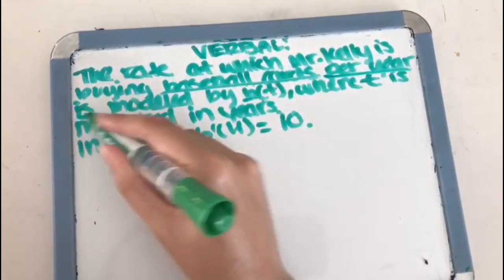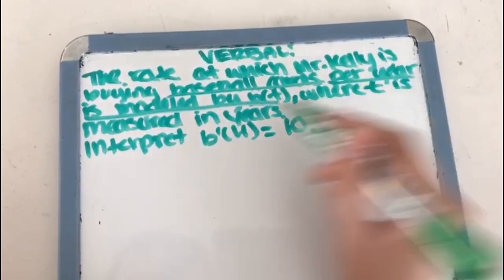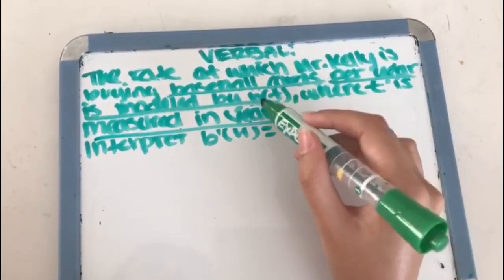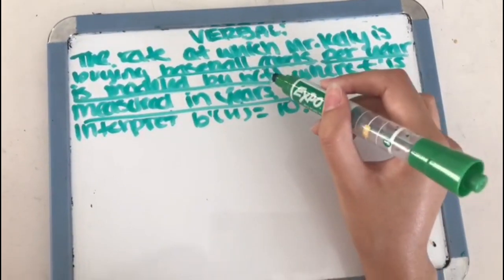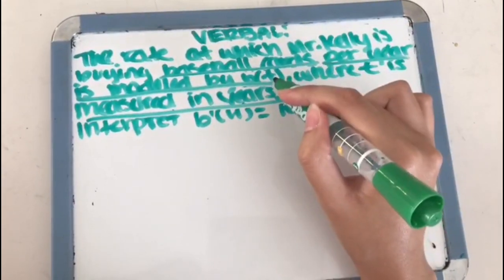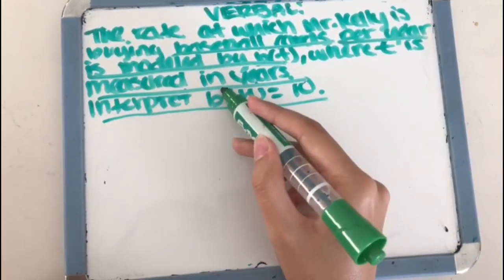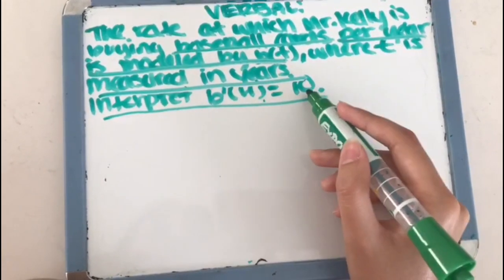Per year is modeled by B of T, where T is measured in years. So B stands for baseball cards per year, and T is the time, which is years. So interpret B prime of 4. Think about the prime. Prime is the derivative. B prime of 4 equals 10.